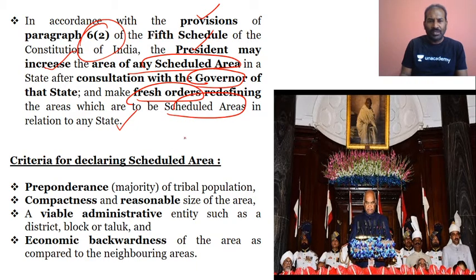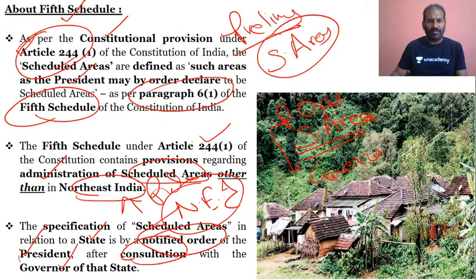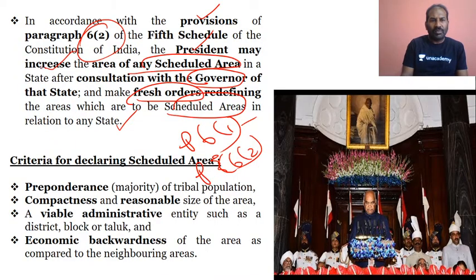Please do understand, you have paragraph 6(1) and paragraph 6(2). Paragraph 6(1) talks about defining the scheduled areas, and 6(2) talks about the possibility of increasing the area of any scheduled areas.